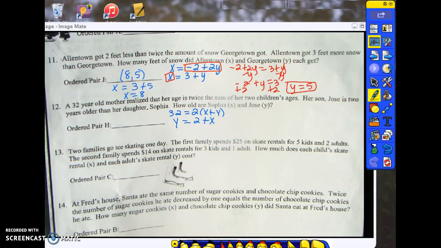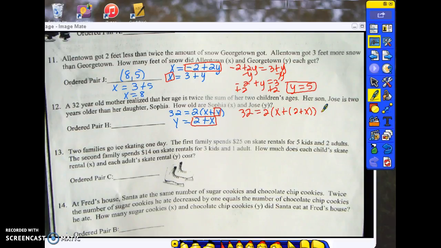This is set up so that we can do substitution. We're going to take what y is equal to and plug it in to the other equation for y. So 32 is equal to 2 times x plus y. y is 2 more than x.